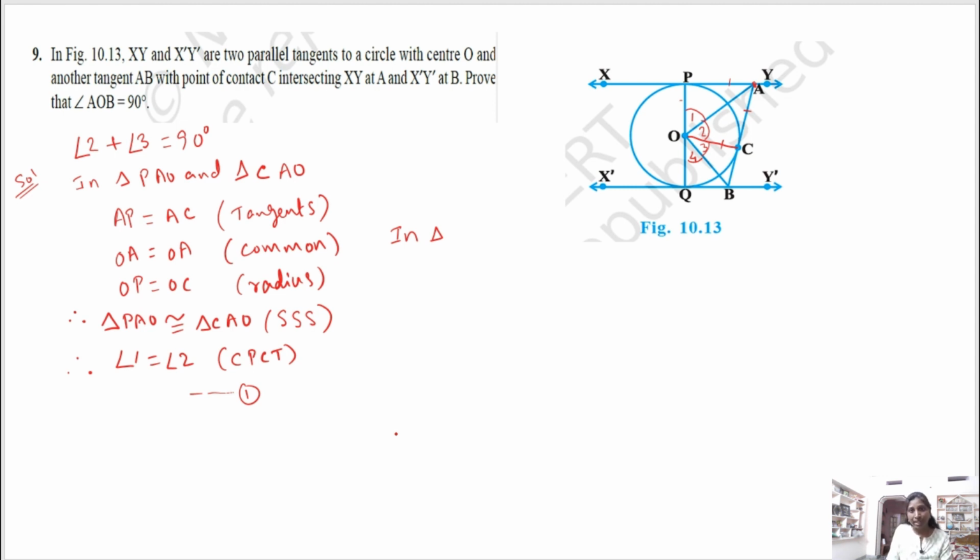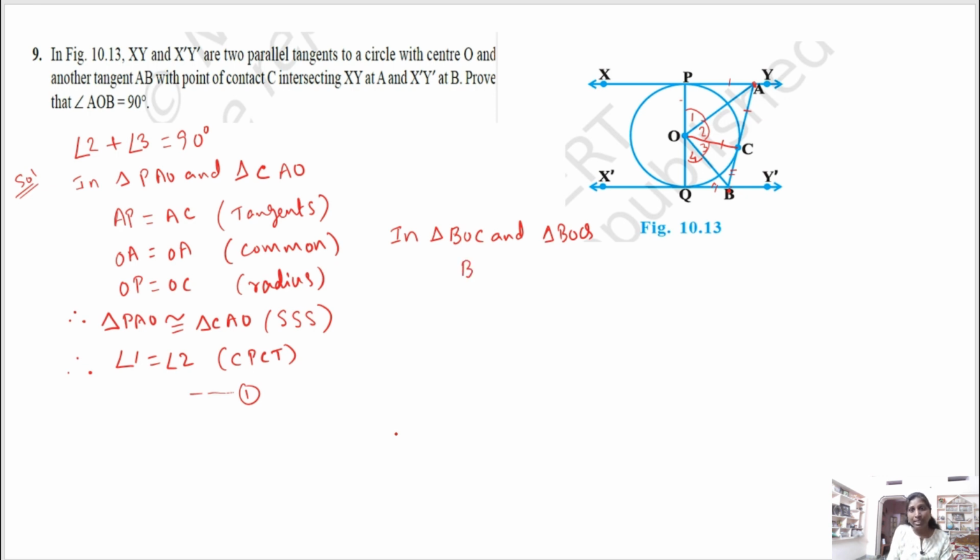So we will take triangle BOC and triangle BOQ. So here, what are the corresponding sides? Here B is the external point and tangents drawn from external point, which are BQ and BC, which are equal.